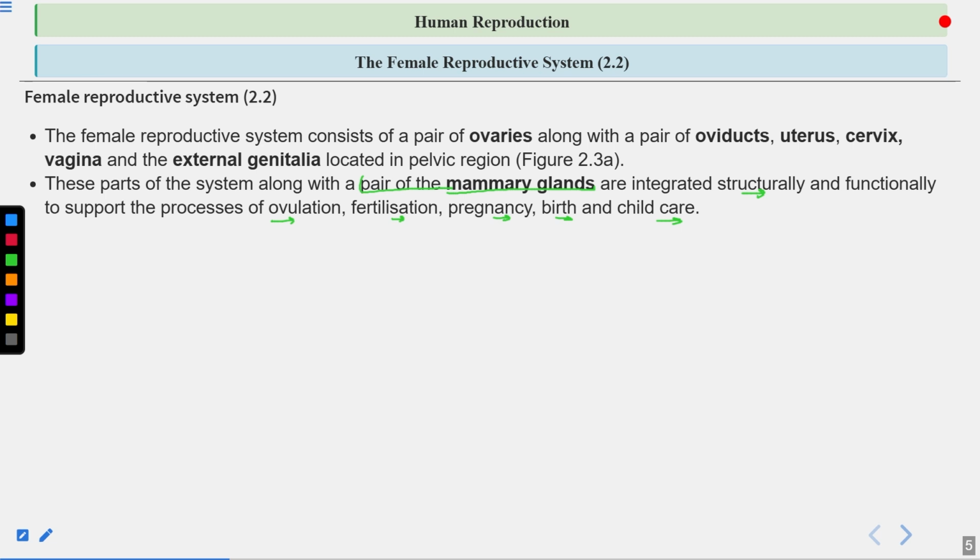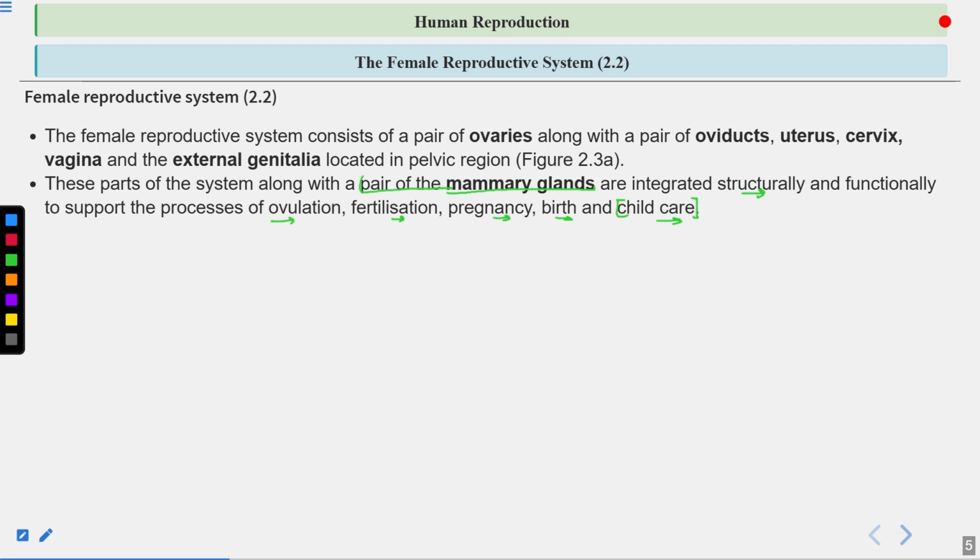The mammary glands are not directly involved in reproduction, but they are involved in child care, because they produce milk, which is very important for the newborn.